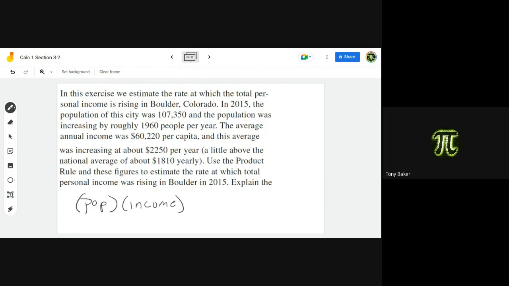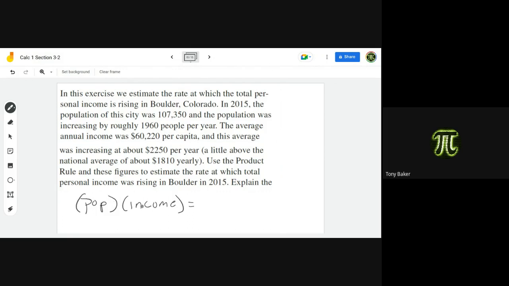But they didn't give me a formula, so I can't go through and do what we've been doing. If this was my problem, I'm doing population times income. What's my derivative of that? That's a product.